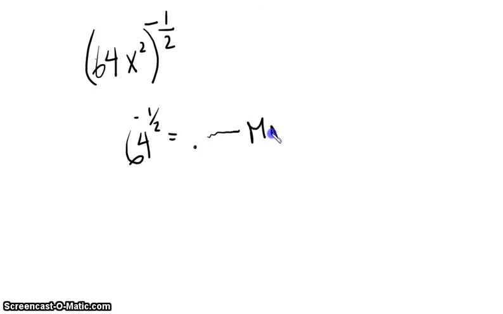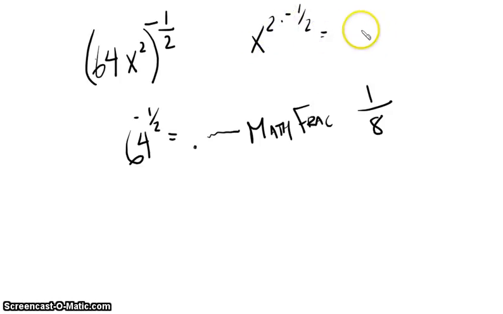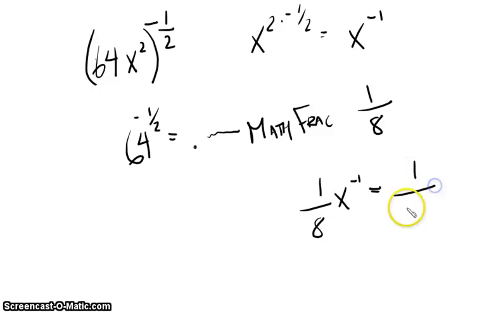But I go math, frac, and it comes out to 1 over 8. So that's it. That's the first part. The next part is I know my rule. I multiply this out. I get x to the 2 times negative 1/2. Once again, I love it. That's my thing. So this is 1/8 x to the negative 1. She's going to want you to write it like this, where the x becomes positive, moves to the denominator, but this is going to get you a lot of credit.